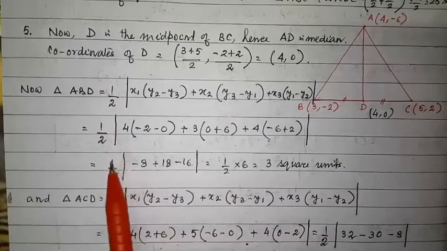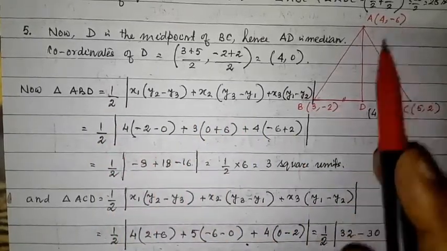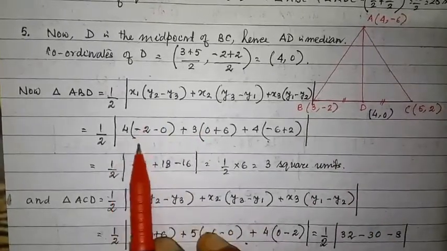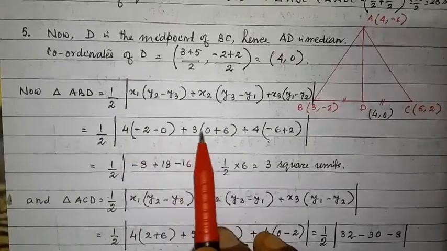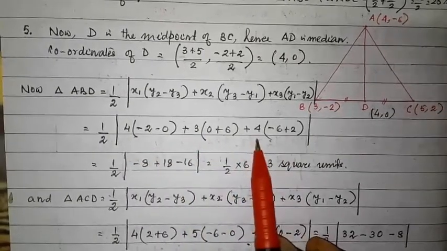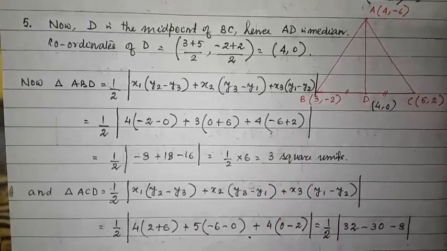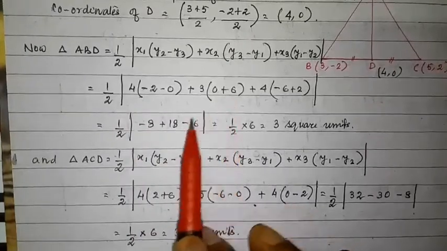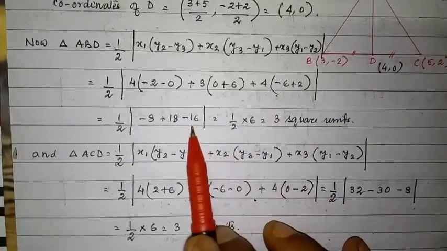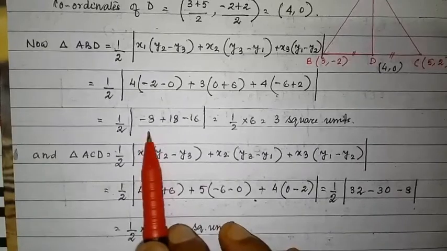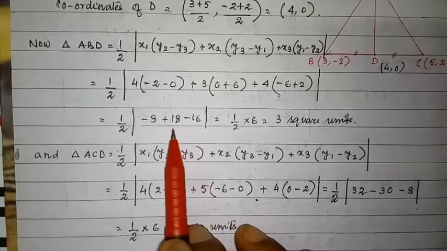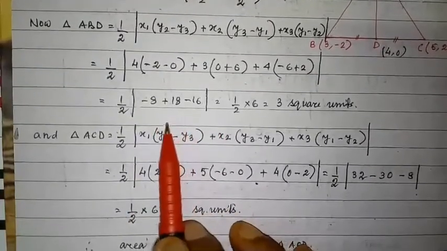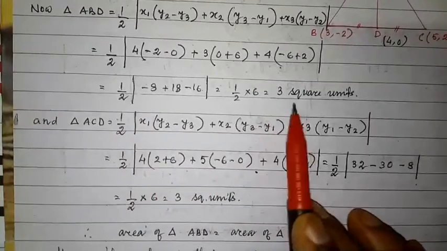We will get 1 by 2 modulus, minus 2 into 0 plus 3 (0 plus 6) plus 4 into (minus 6 plus 2). That is half. Now this is minus 8 plus 6 3 is 18 and minus 16. So this is minus 8 minus 16 and plus 18, it will be minus 6. But modulus means it is always positive, so half into 6, that is 3 square unit.